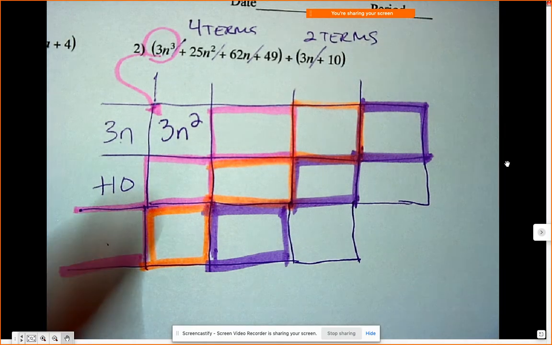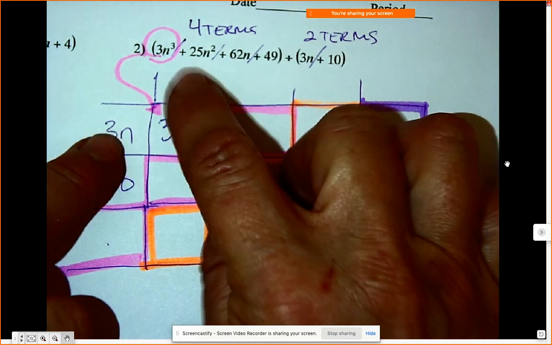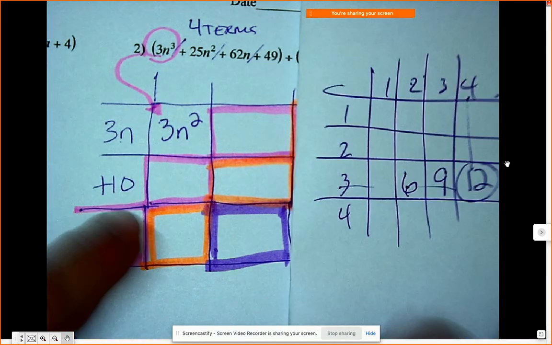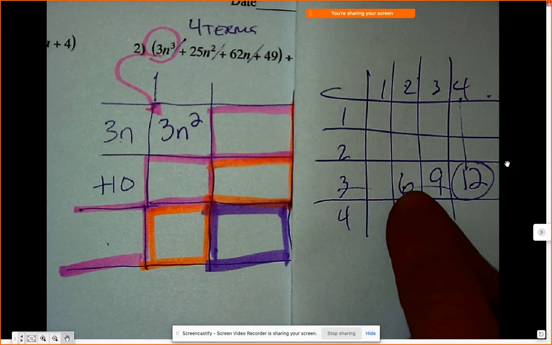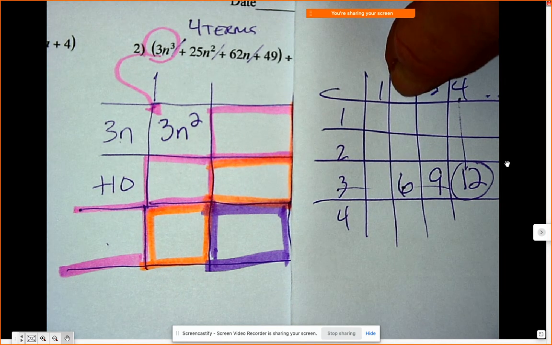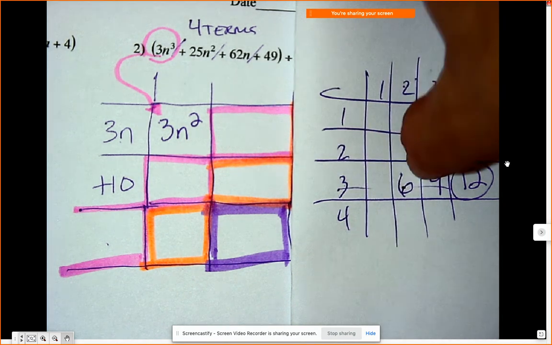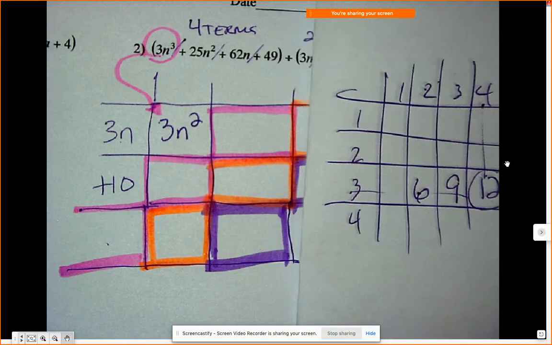This box is the result of multiplying these 2 together, like in my times table. This 6 represents 3 times 2. Well, if I just had 6 here and I only had the 3 here and I didn't know what was up here, I would know for sure it'd have to be a 2 because 2 times 3 is 6. So I need to figure out what goes up here to give me this 3n squared.